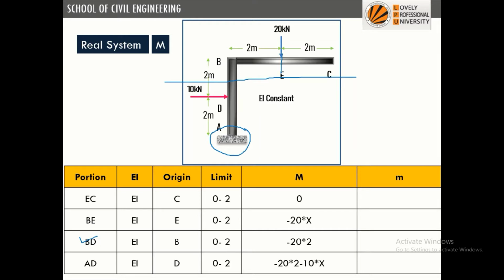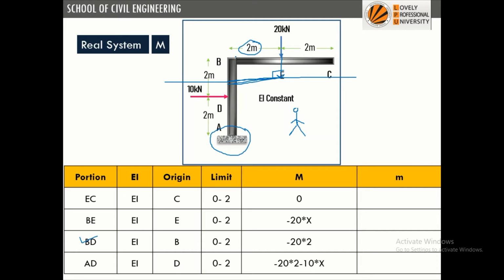So we drop this force on this section. This is the force and this is the perpendicular distance. What is the perpendicular distance? It is 2 meters only. So 20 into 2. And whether it is sagging or hogging, for that we will use a convention that the observer will always be on the inside of the frame.